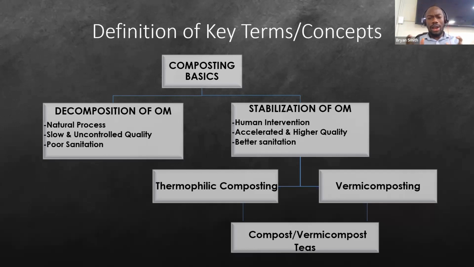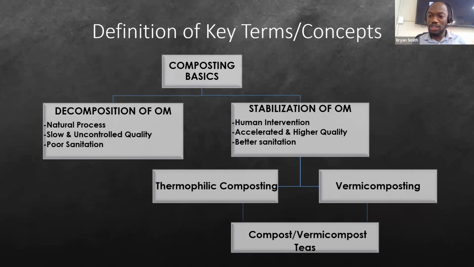But what I want to clarify here before we move on is the difference between decomposition of organic material, and when I mention organic material now, we're speaking about all that waste that we will utilize in the composting process, versus stabilization of organic materials. So decomposition occurs naturally.